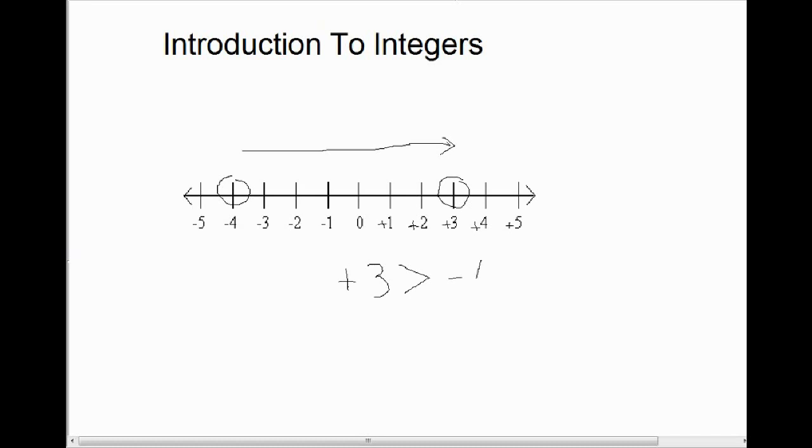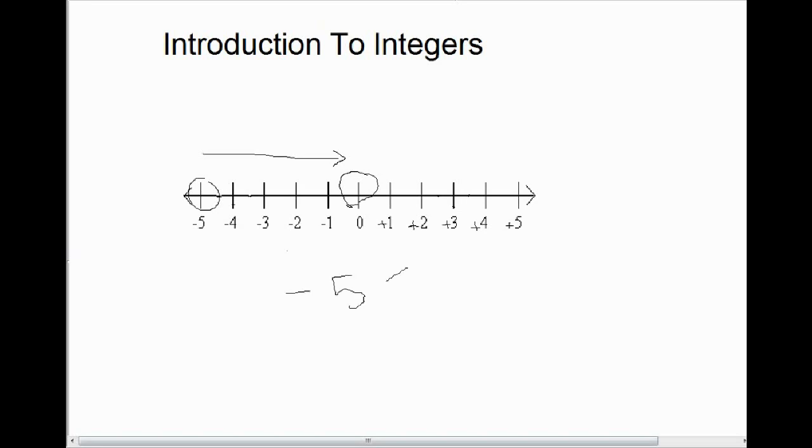That math sentence says +3 is greater than -4. If we look at the two values, say 0 and -5, we can see once again, if we're looking for the greater value, we're always looking which one is further to the right. In this case, 0 is further to the right, so 0 is greater than -5, or we could say -5 is less than 0.